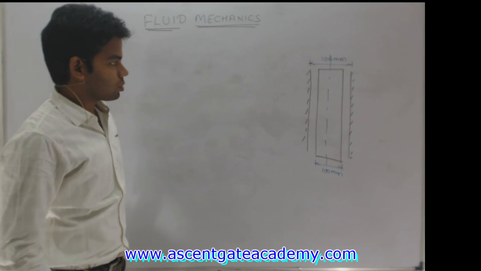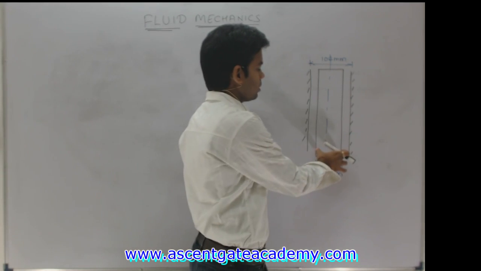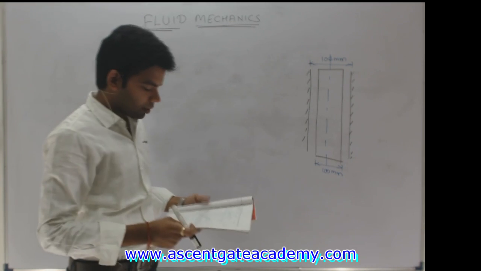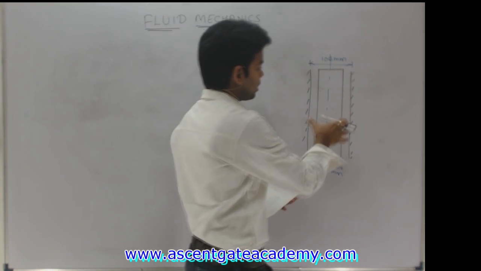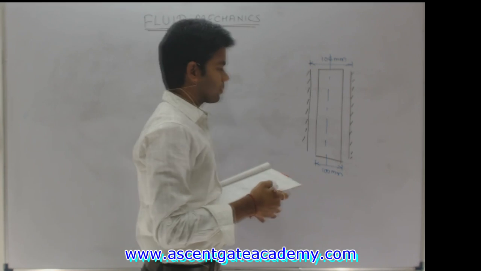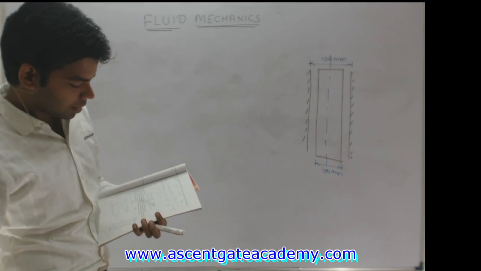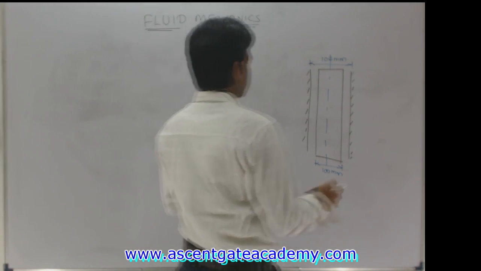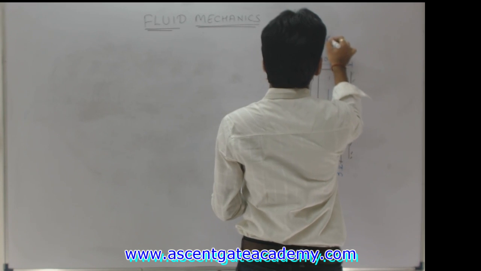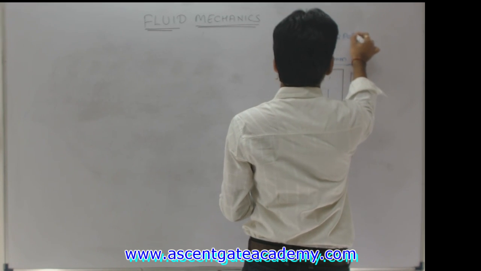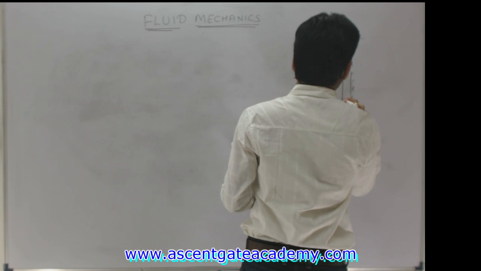Okay, so we have this question. We have a shaft which is rotating inside a bearing, and the lubricant is filled in this gap. The viscosity of the lubricant is given, mu is equal to 0.2 poise, and the variation we can assume is linear.